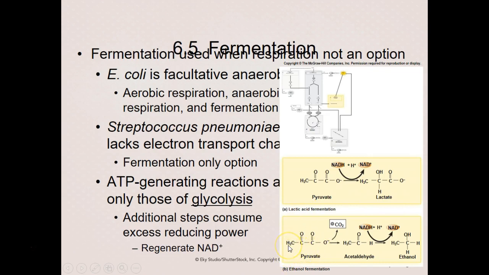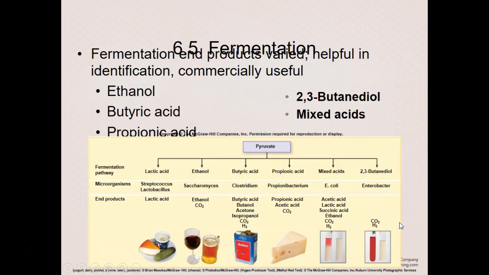Other bacteria, in a fermentative process, produce alcohol and carbon dioxide. Here again, we have pyruvate, we release carbon dioxide, and we produce ethanol when we oxidize the NADH back to NAD.